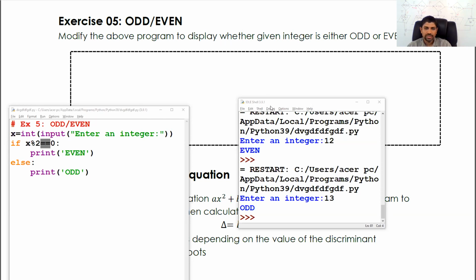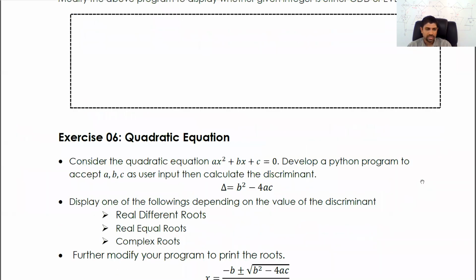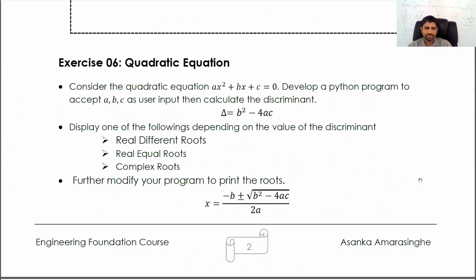All of you try to do that quadratic equation one. Consider a quadratic equation. Develop a Python program to accept a, b, c as inputs, then calculate the discriminant. Display one of the following depending on the value of the discriminant, right?